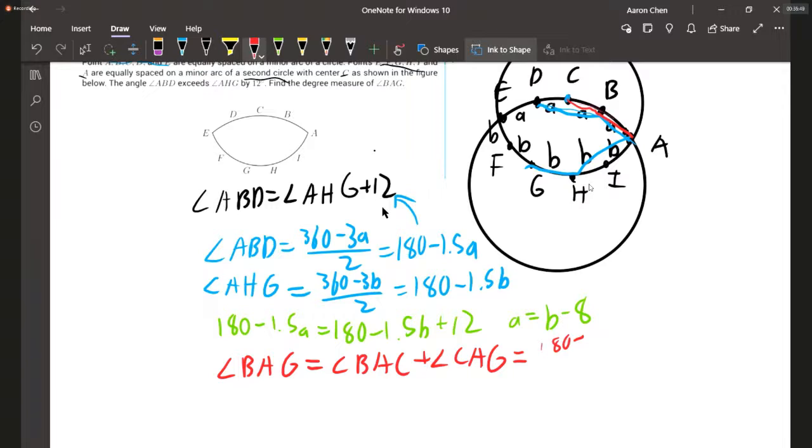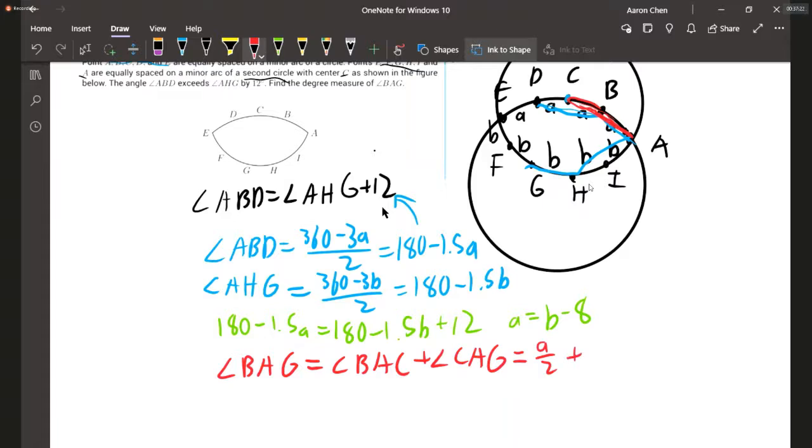Actually, hold on, sorry. Angle BAC is an inscribed angle of the first circle, and it inscribes the arc of angle a. So it has measure a over 2.